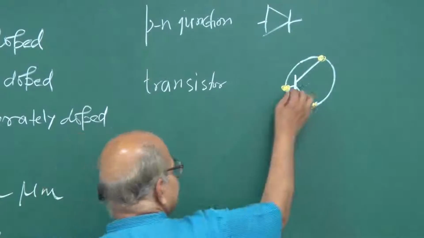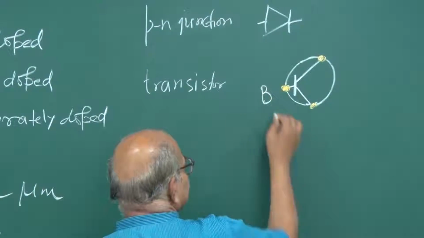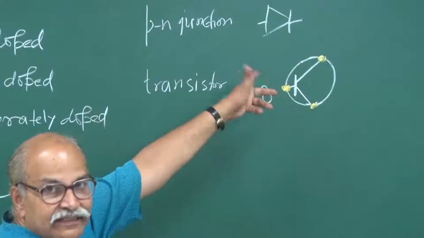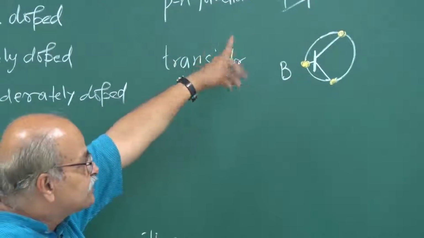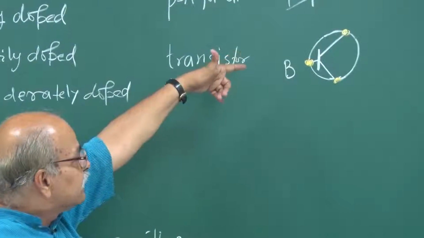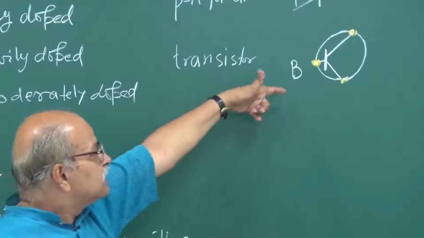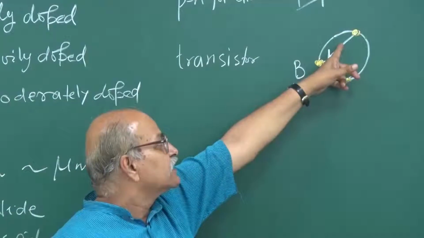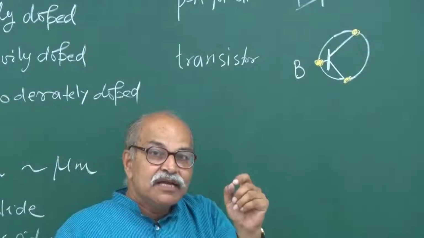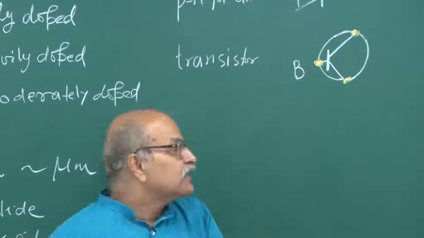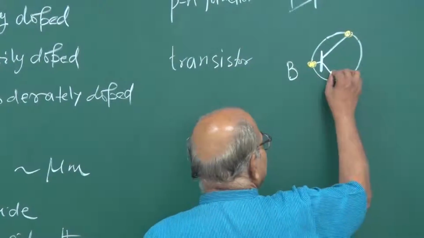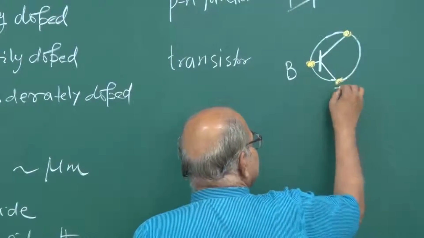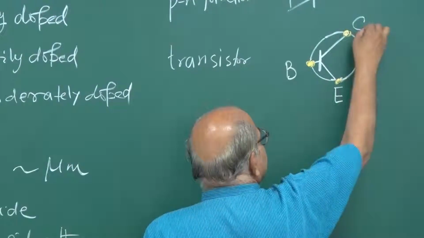This one is the base, and one of these is the emitter, another is the collector. How do we distinguish which is which? In the symbol, we distinguish the emitter and collector by putting an arrow on the line corresponding to the emitter. If I put the arrow here, this is the emitter and this is the collector.